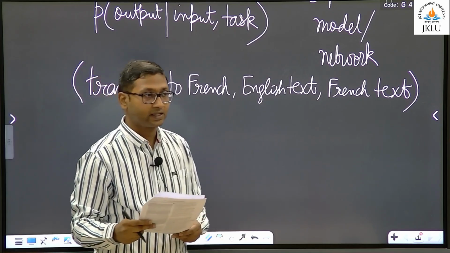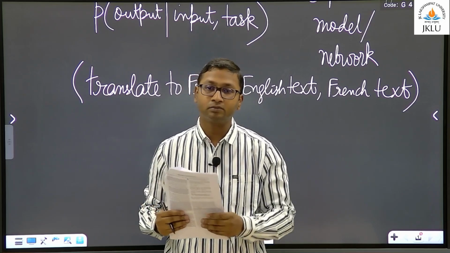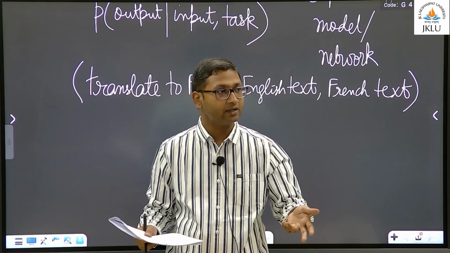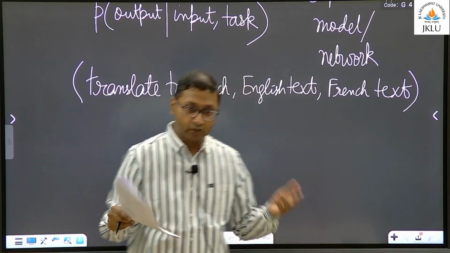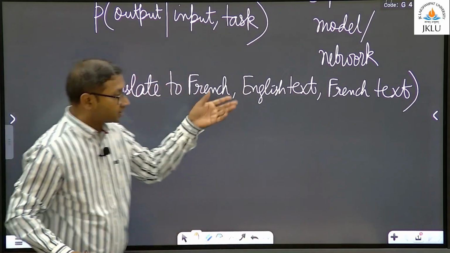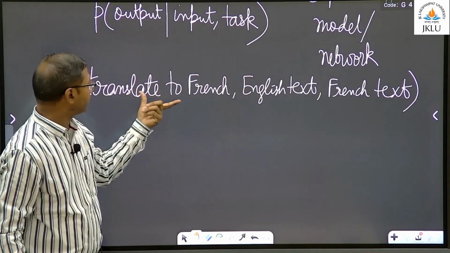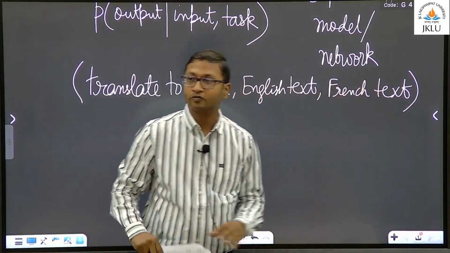so what they are saying is, the good thing with language is every problem that you are citing can be written in the form of a language itself. So when you want to translate, you can write this in a piece of text by saying translate to French, you provide English text and you provide French text.